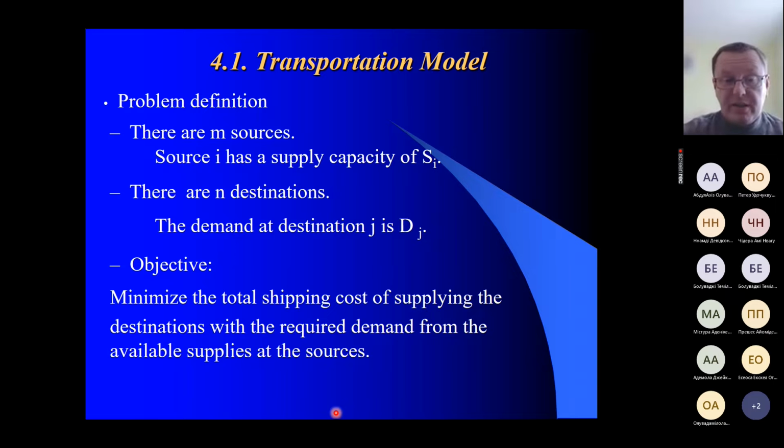So destination J has demand D_j, and our goal is to minimize total shipping cost of supplying or minimize time for delivery. It could also be essential, especially in case of some vital resources like, again, oxygen during the COVID pandemic. So not only cost, but also delivery time could be managed with this kind of task.